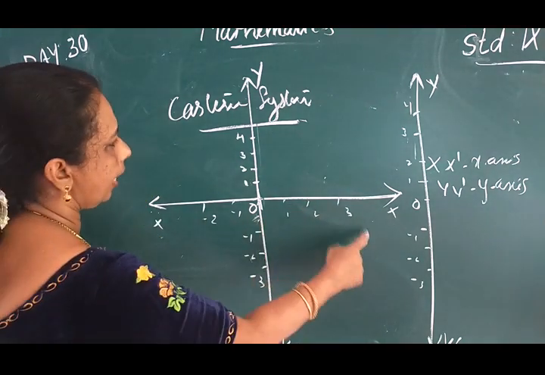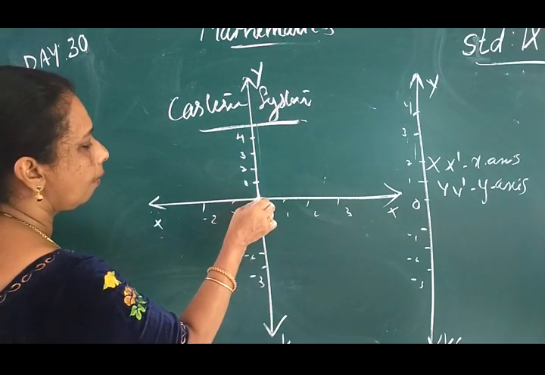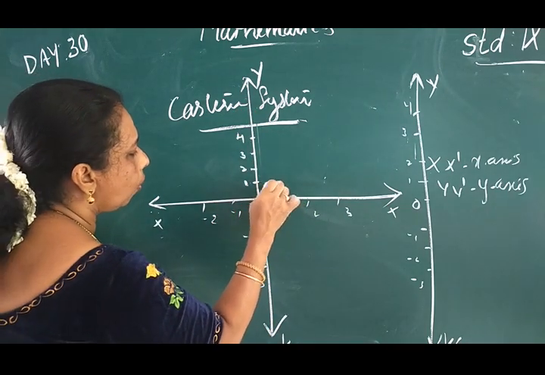Here the x-axis and y-axis intersect at the point O. This is called the origin.